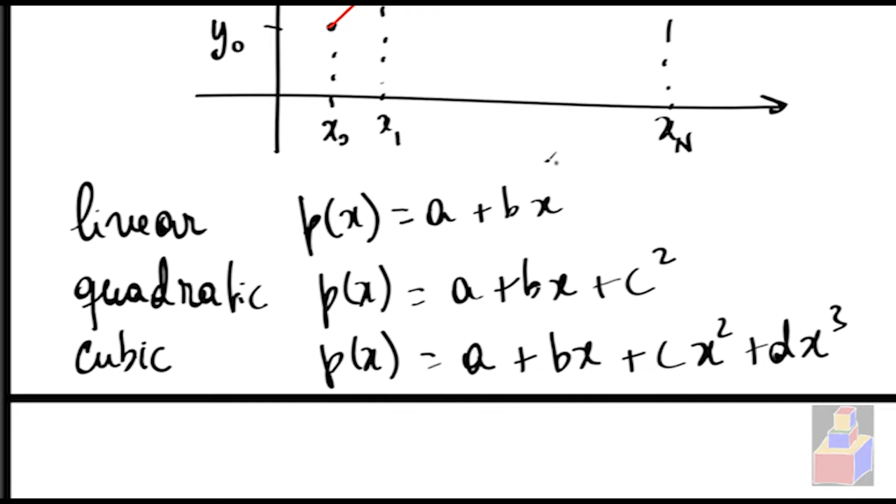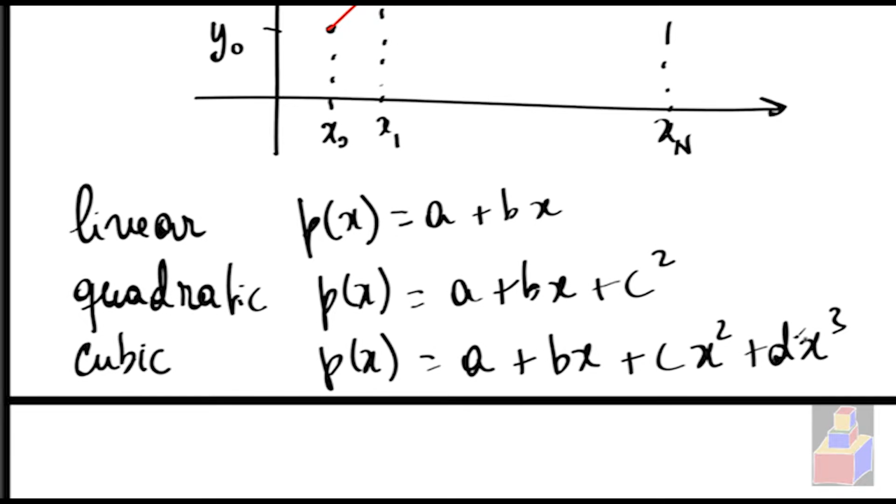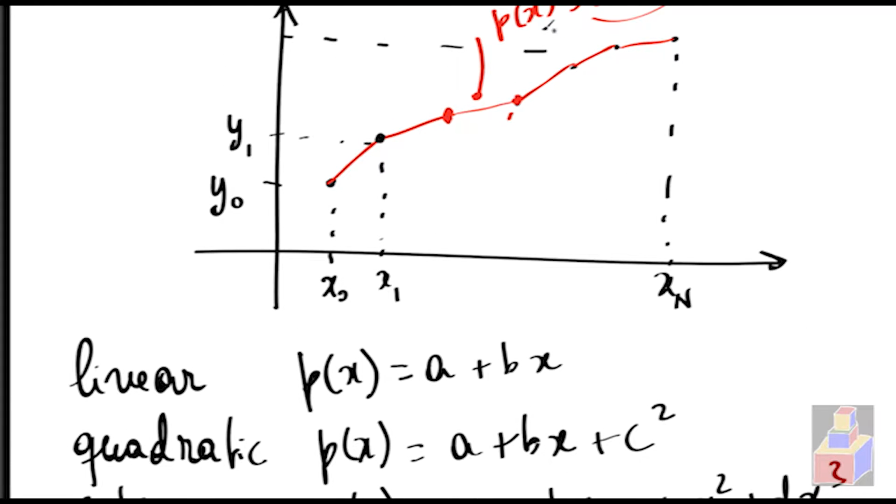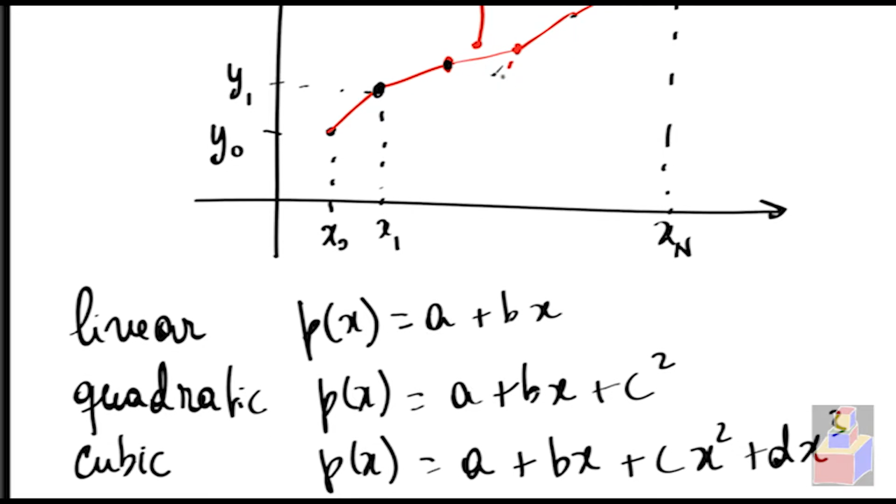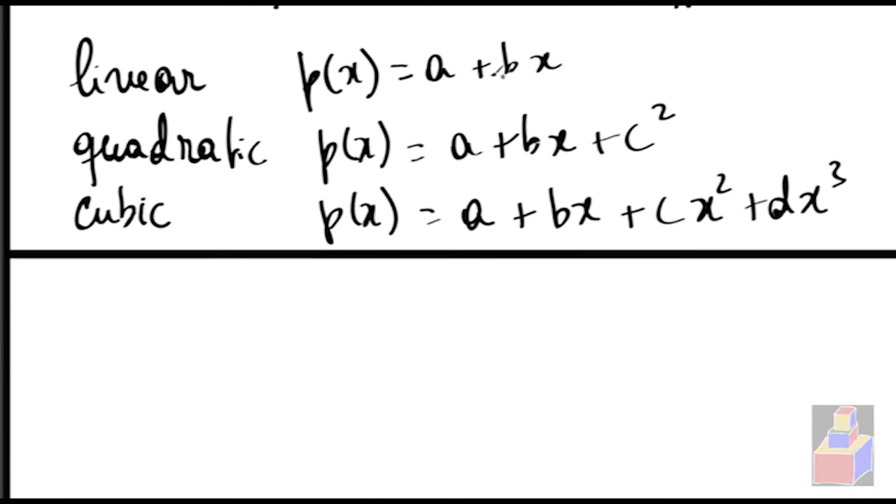Now you guarantee, using that, it's possible to determine the coefficients in such a way that not only the function is continuous in each point, but the first and second derivatives are also continuous. So this is what we're going to talk about in this lesson. We're going to talk about a cubic spline.